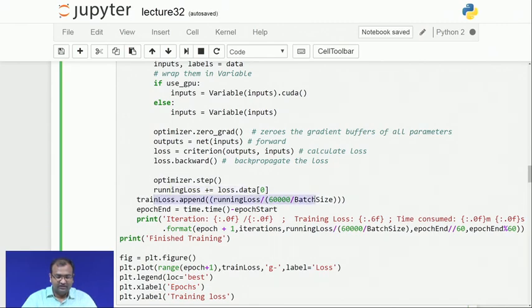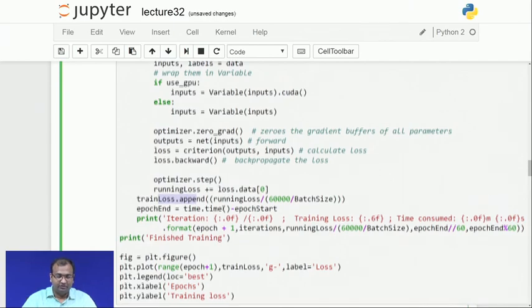With this, I take an average loss per epoch. My batch size was 2000, and 60,000 are the total number of samples present, so it ends up being just 30 batches when I am trying to do an update per epoch. So I just take an average over that, and that's the average loss per epoch.